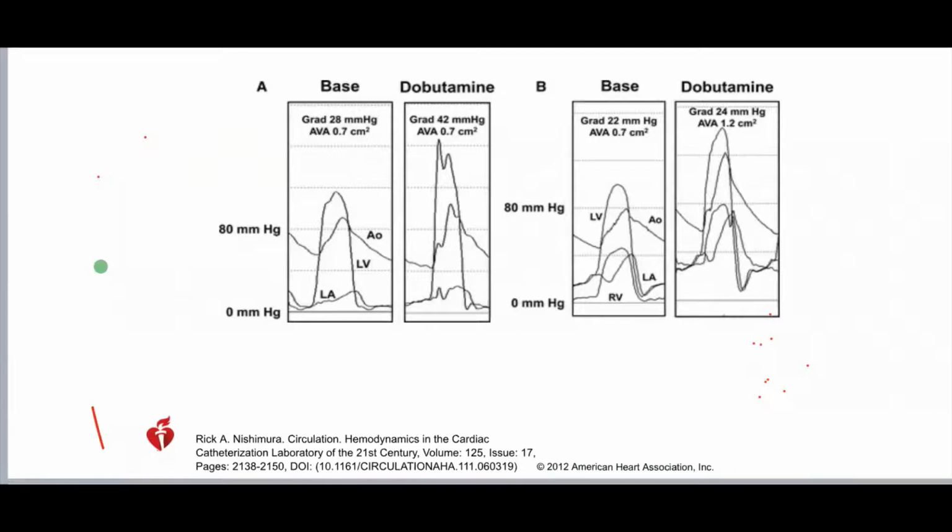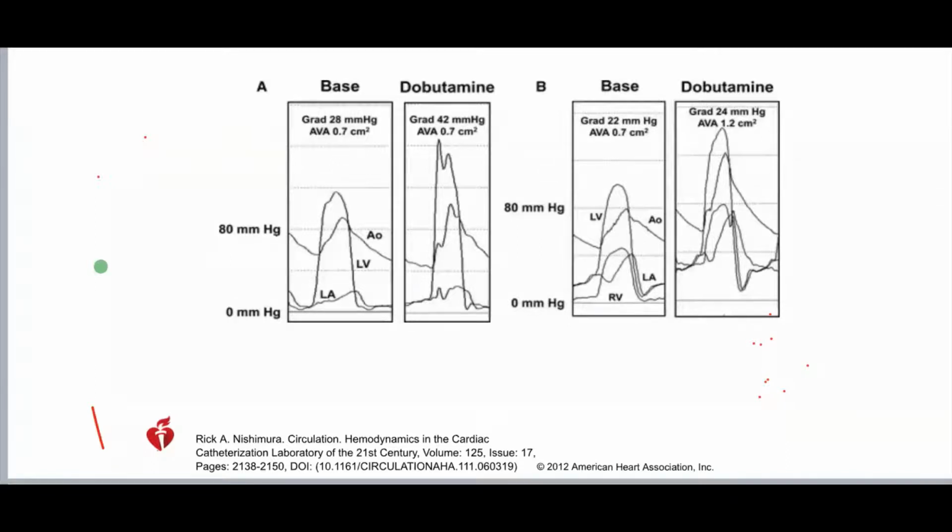So if we are dealing with true aortic stenosis, what are we going to get? We're going to get more gradient and the area will remain small, below 1. If we are dealing with pseudo severe, it's not really severe. It was just because of the low flow. The aortic valve does not open well, but the area has potential to open up.